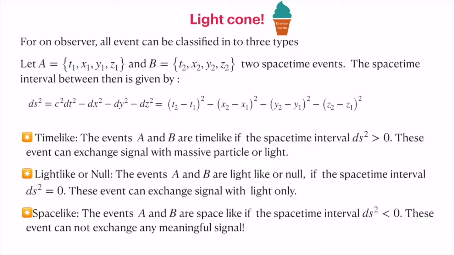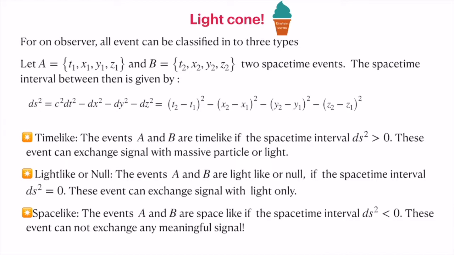The relativists, before they state anything, have to make their notation clear, which is called the signature. The signature is given by the sign of the spatial and the time coordinates. In this case, I am using positive for time and negative for space. The definitions of space-like, time-like and null would get interchanged if you use the convention minus plus plus.